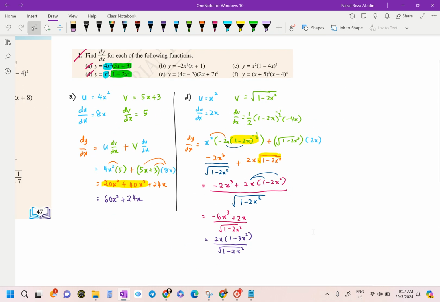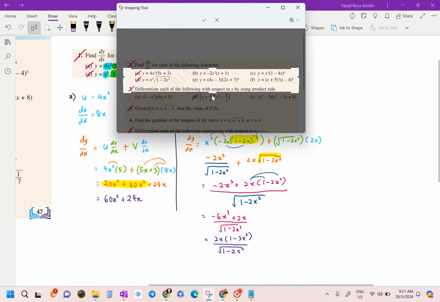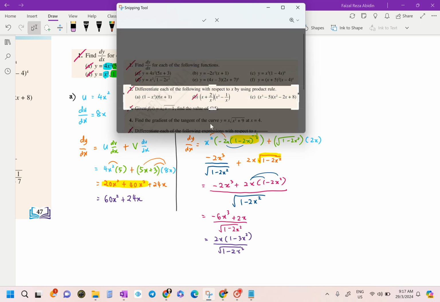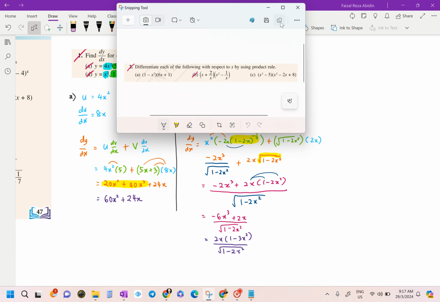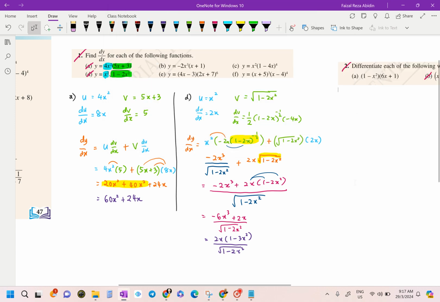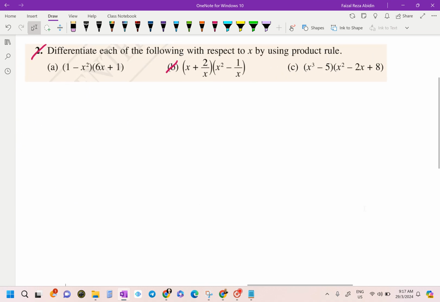Okay, now we are going to look at our number 2, I ask you to do only B here. Okay, we look at our number 2B. For 2B over here, it says here that we are going to use our product rule. So what happened over here?